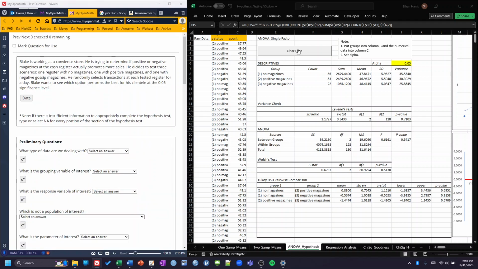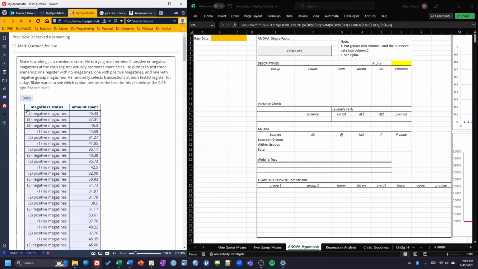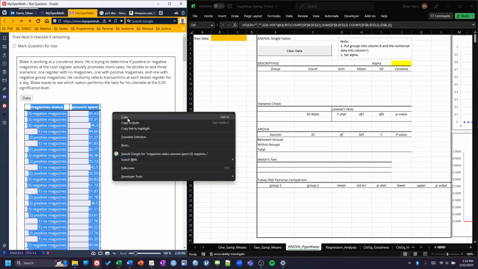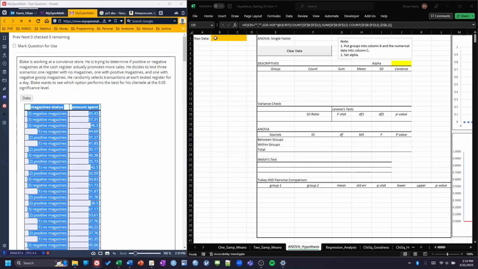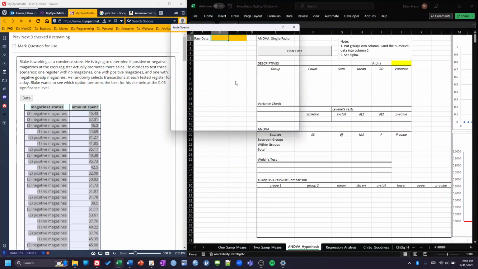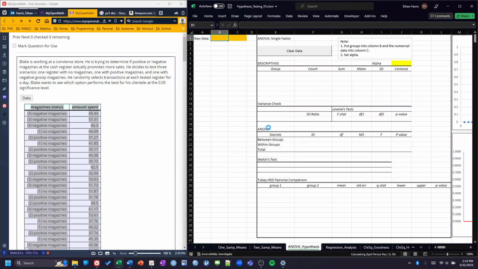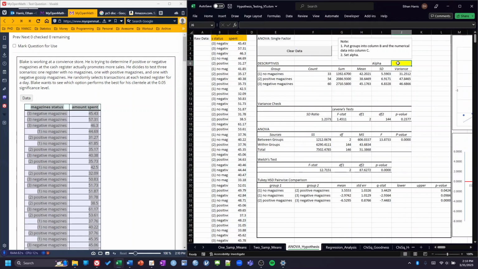Let me clear the data real quick. Okay, cleared out my data. I'm going to grab my new data, copy it, paste it in here as text, paste it in, 0.05, hit enter.